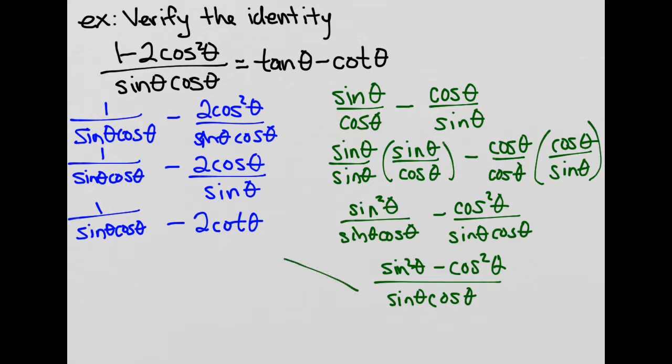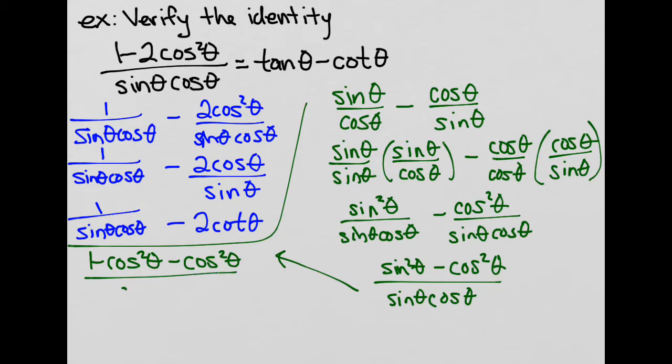So let's see, I'm going to write this over here. Sine squared we can rewrite as 1 minus cosine squared, and then we've got minus another cosine squared, all over sine theta cosine theta. And then we notice that we have two like terms here.